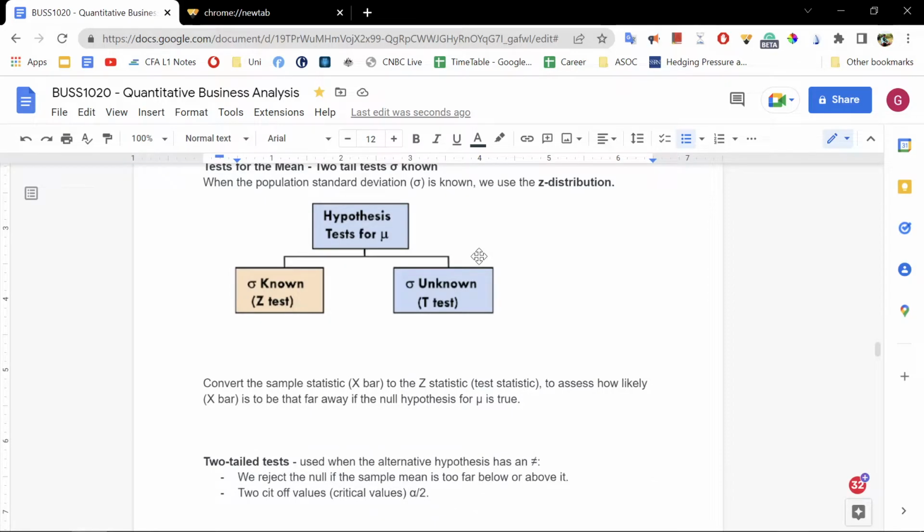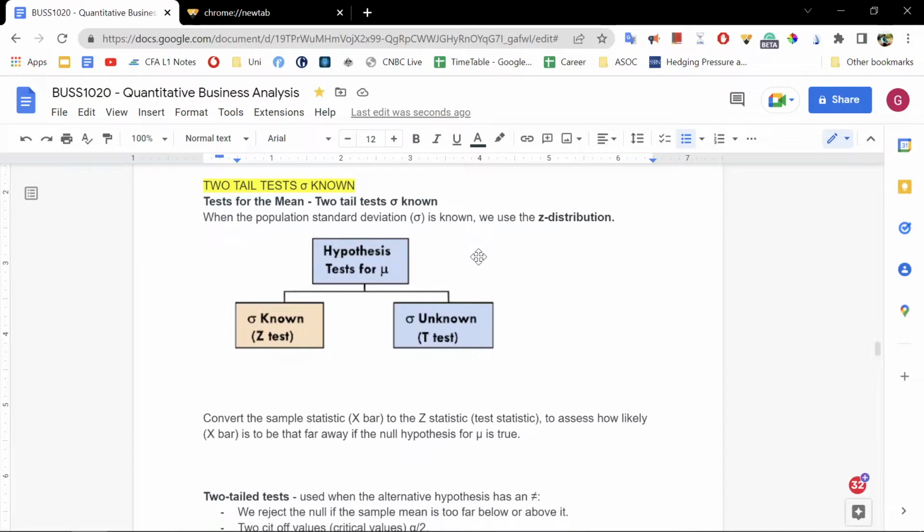All right, let's talk about hypothesis testing. There are two main types of hypothesis testing that we're going to talk about today. The first is when the standard deviation of the population is known. If the population standard deviation is known and we are testing for population mean, then we could use the z-test. However, if we do not know the population standard deviation, then we need to use the t-test. If we use the t-test, we have to introduce an additional variable called the degrees of freedom.